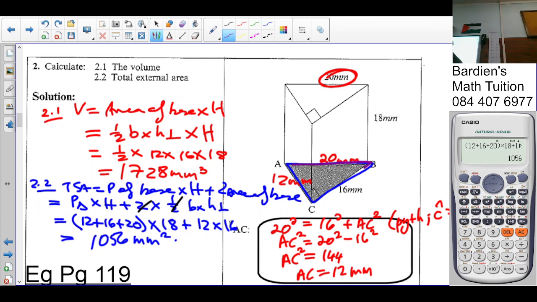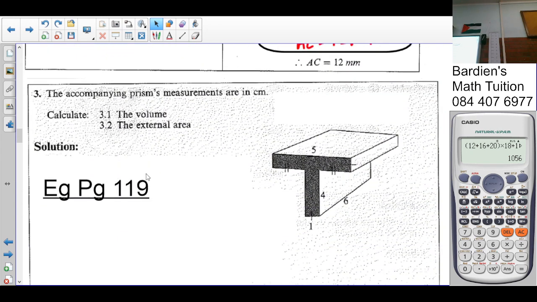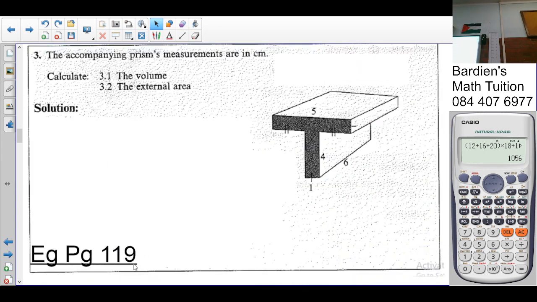So it's that plus that plus that. How can you leave out that vital side? The perimeter is the sum of all the sides. It's important to have the 12. So in future, please have the 12. This was the third example I wanted you to do, the accompanying prism measurement.